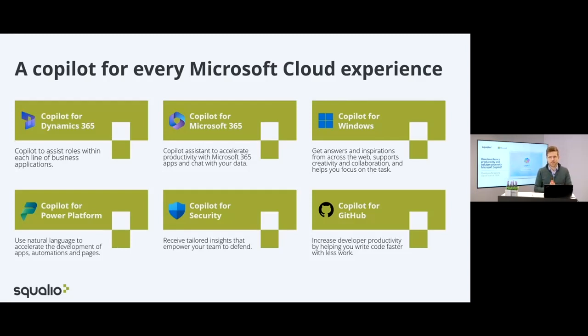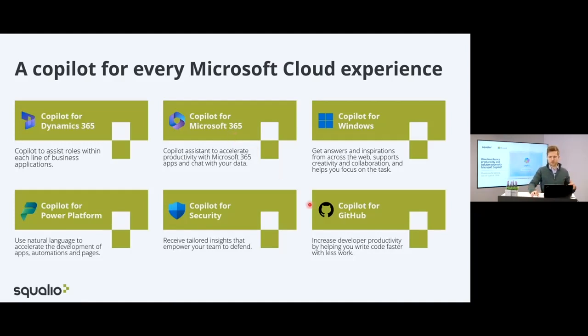But the most important thing here is that when you have heard some marketing or loud messages about Copilot and how it can be used in Teams, in Outlook, in Word, Excel, PowerPoint, etc., those regular, well-known applications, it's mostly Copilot for Microsoft 365. The others are for some, I wouldn't say niche use cases, but you'll know when you need them. But this Copilot for Microsoft 365 is the broadest one.